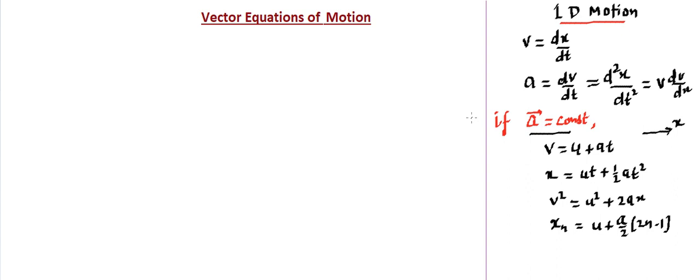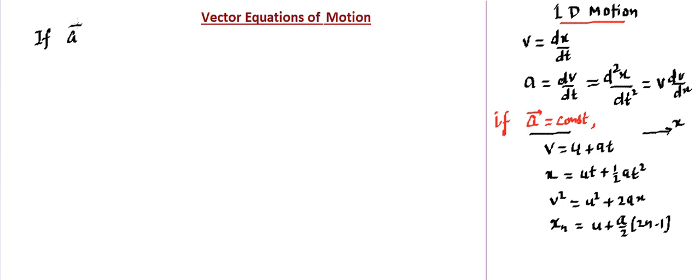Now if we need to write these equations in terms of proper vectors, they are called vector equations of motion, and these vector equations of motion will be true for all dimensions, whether one-dimensional, two-dimensional or three-dimensional. Now in this case we are again considering the simplest case, so we are considering the acceleration to be constant.